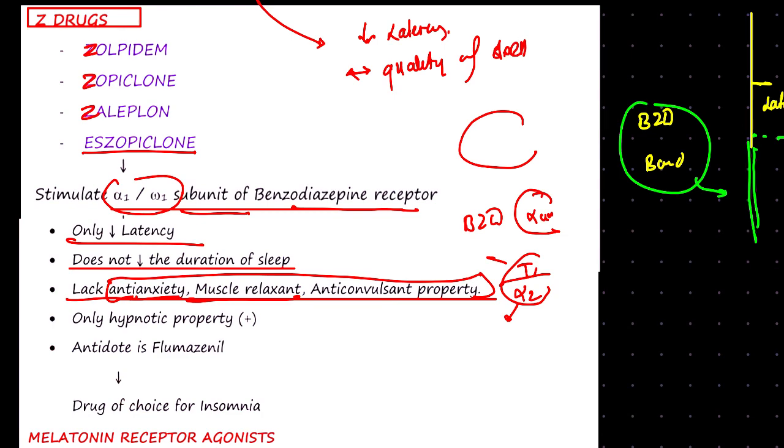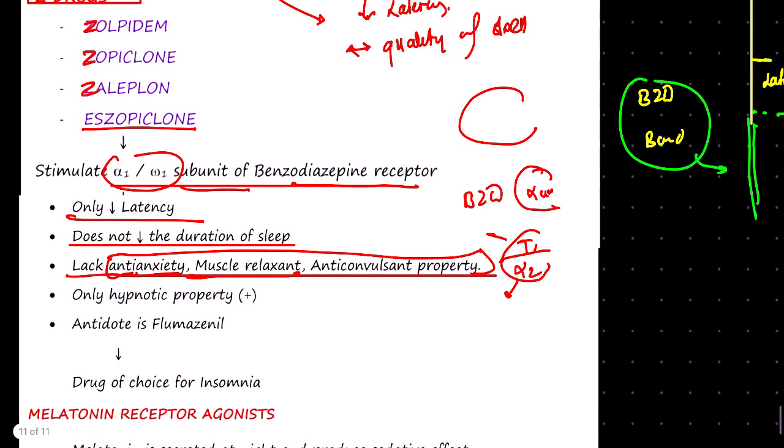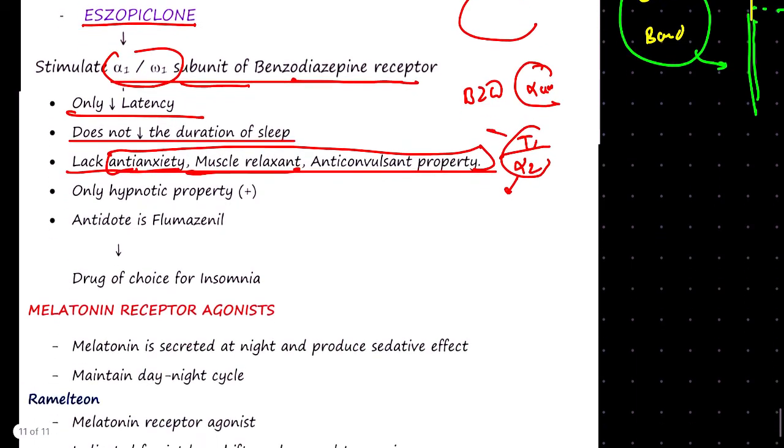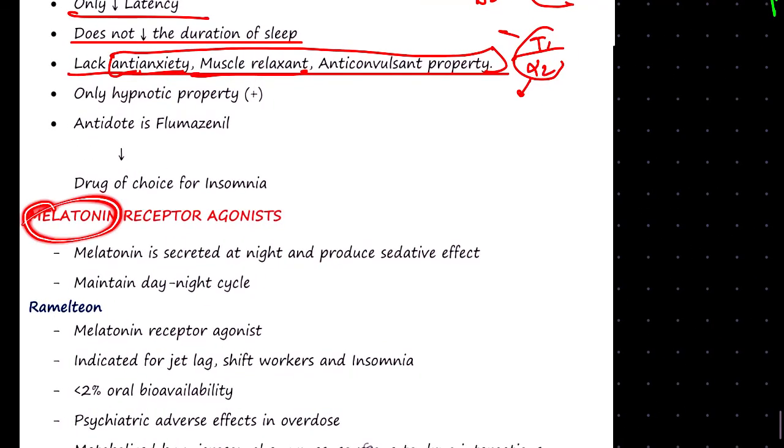Let's talk about melatonin receptor agonists. Why are we talking about them? Because melatonin is responsible for our day-night cycle. Melatonin is secreted at night and produces a sedative effect. So if it produces a sedative effect, it is obvious to discuss this drug now.